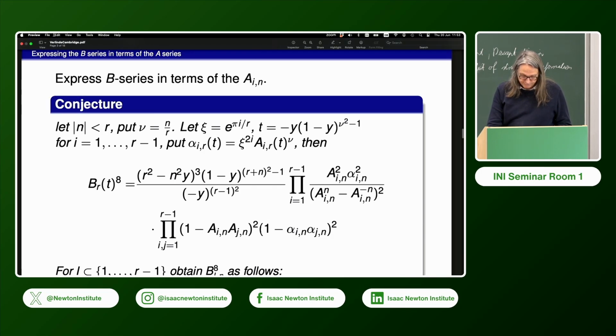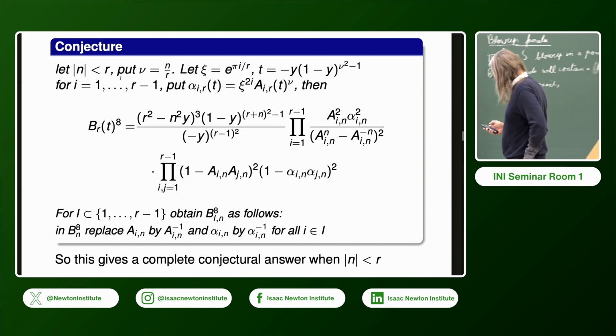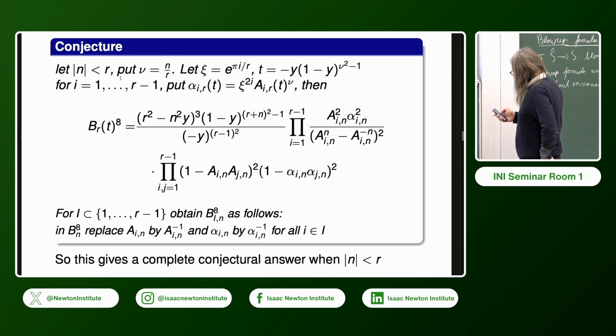Namely, we get this, unfortunately, not so simple formula. So we are again in the situation that there's always the assumption that n is smaller than r. So this is an issue. And we write this thing, and then this ER, the one corresponding to the empty set, is given by this slightly strange rational function in y.